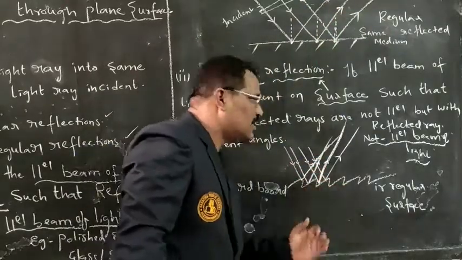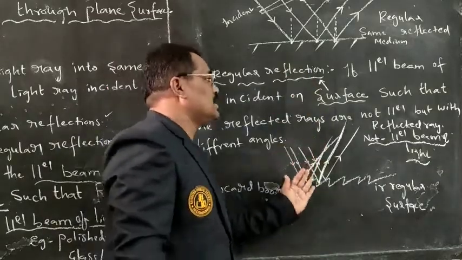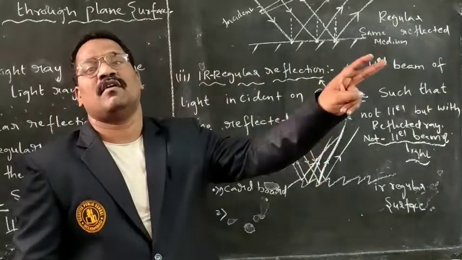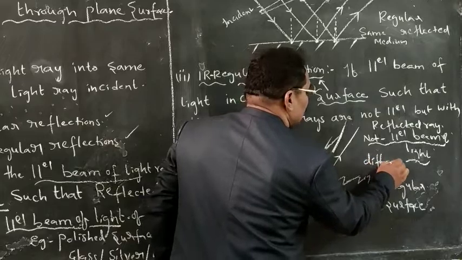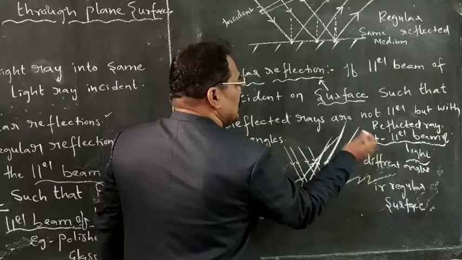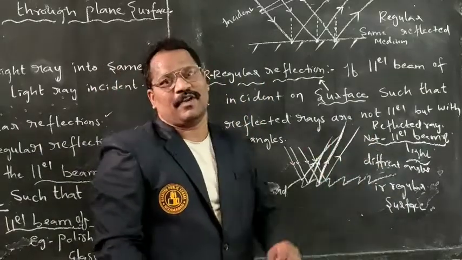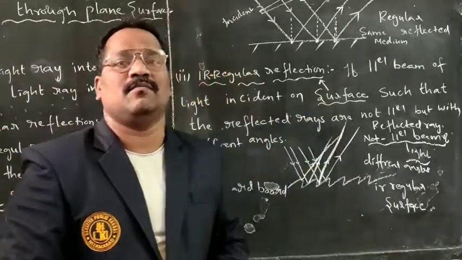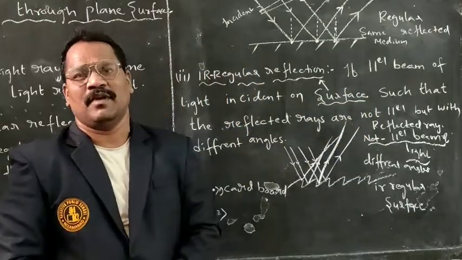But on an irregular surface, the reflected rays go at different angles in the same medium. That type of reflection is called irregular reflection.